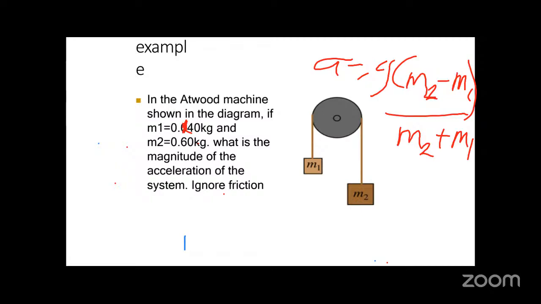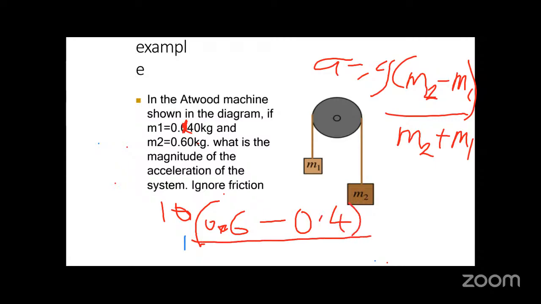So we substitute. Let's take acceleration due to gravity as 10. So that will be 10 times mass 2, which is 0.6, minus mass 1, which is 0.4, then we add 0.6 plus 0.4.